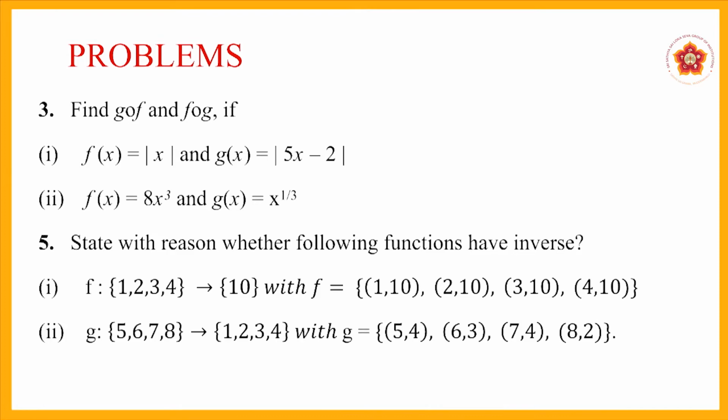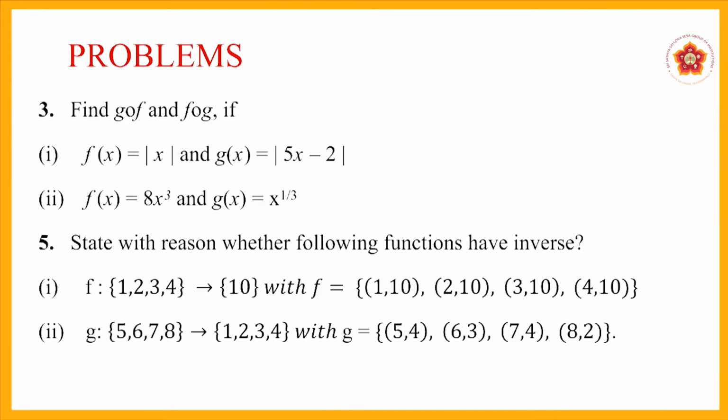He has given f(x) as modulus of x and g(x) as modulus of 5x minus 2. This is the first problem, and then we also have a second problem where he says f(x) is equal to 8x cube and g(x) is equal to x to the power 1 by 3.